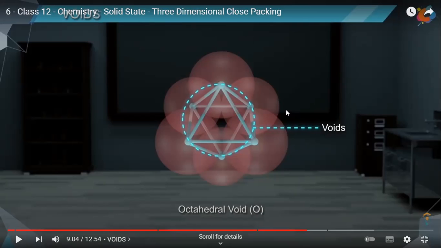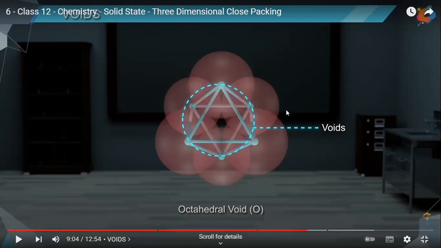So what is the tetrahedral void? What is the meaning of tetrahedral void? Whenever the void space of the two-dimensional sheet is covered with one atom of the above layer, it will form the tetrahedral void. But octahedral void means what?